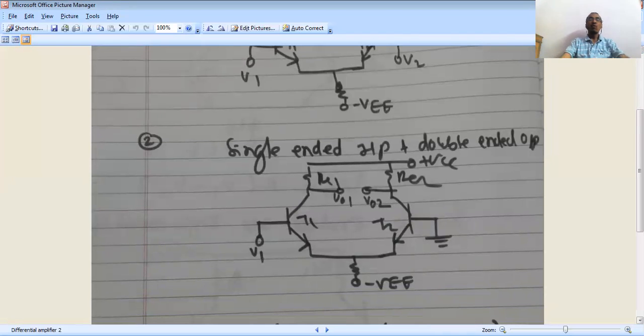Second type of differential amplifier is single-ended input and double-ended output.